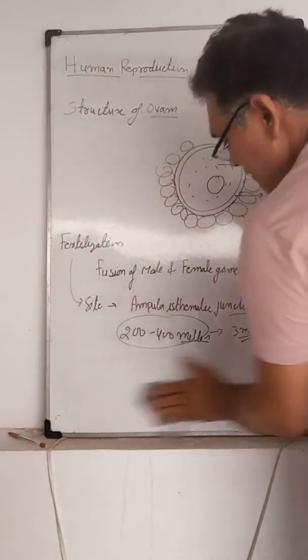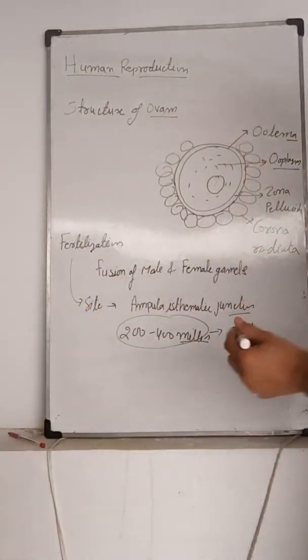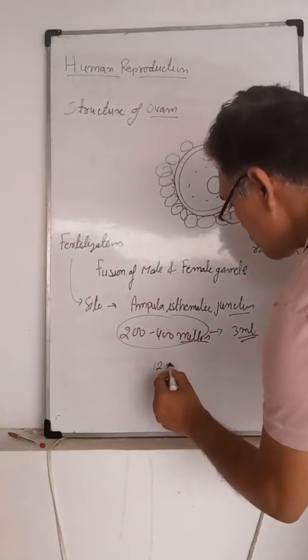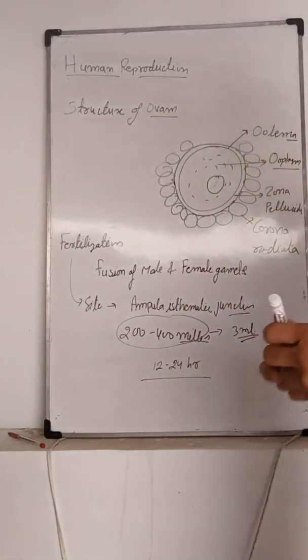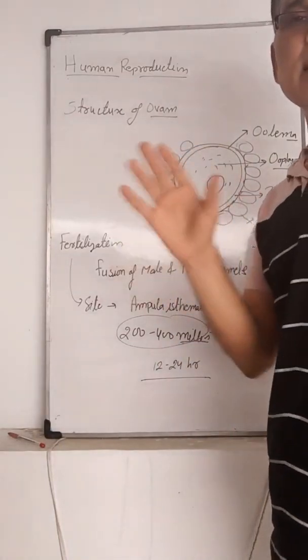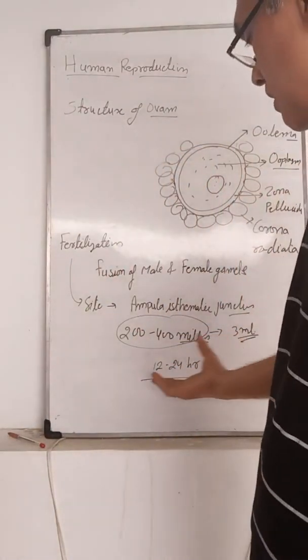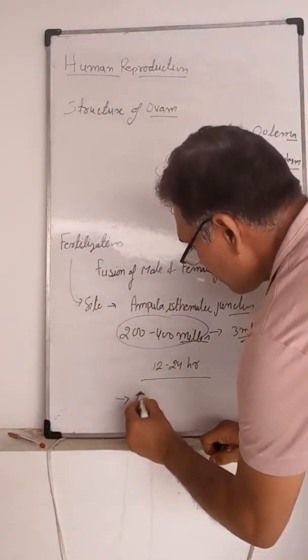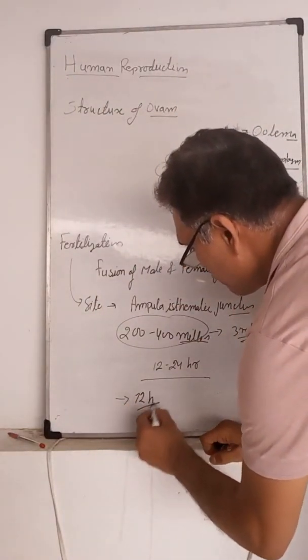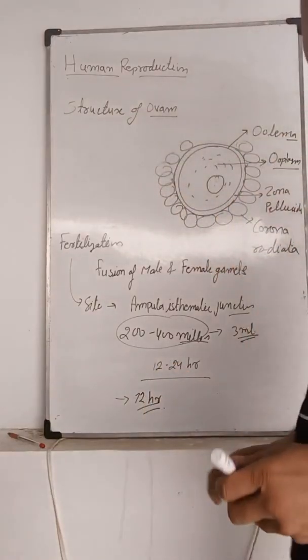Sperm can survive in the female genital tract for up to 72 hours, and the ovum can survive after ovulation for up to 72 hours.